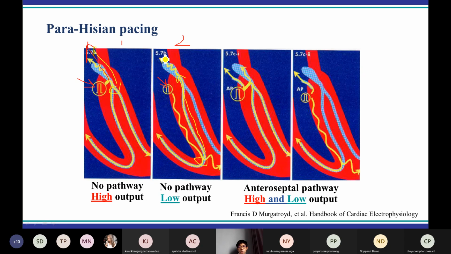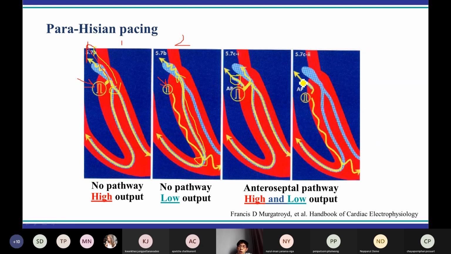But in the patient with a septal pathway, this is the pathway here. You put the high output in, or you put the low output into the patient. This would not result in a different property, because you put the electrical signal in here.